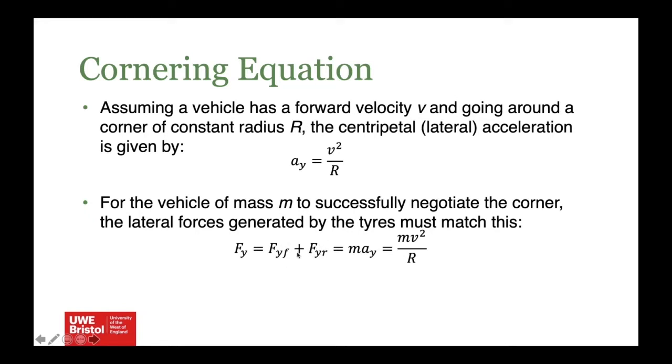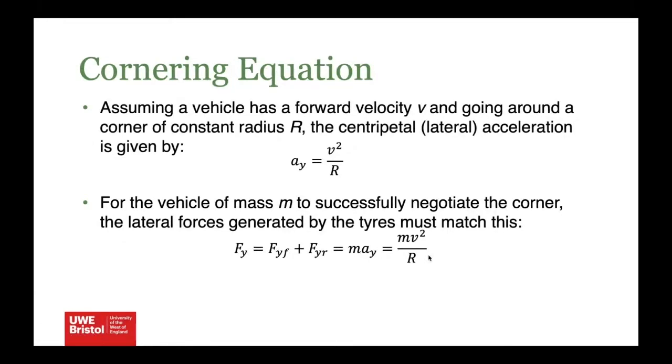That must equal mass times acceleration, the sum of the forces, and we know that Ay is v squared upon r. So Fy, the lateral force generated by the tyres, must equal mv squared upon r. That's the first equation.